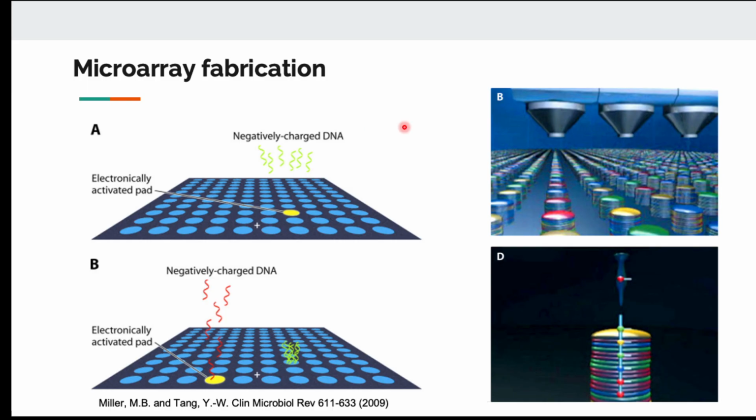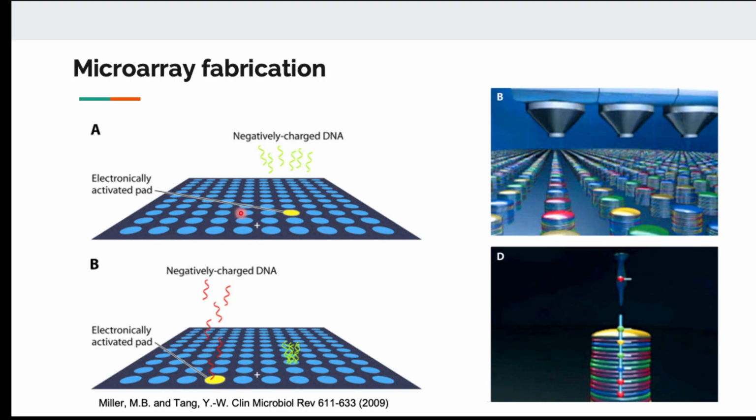Another way, we can also inject specific nucleotides directly onto each cell. So this is a more modern technique. Okay, so just to give you an overview of how we can construct such a thing, but usually that's not our task. Usually we can buy a pre-made microarray and use it for our study.